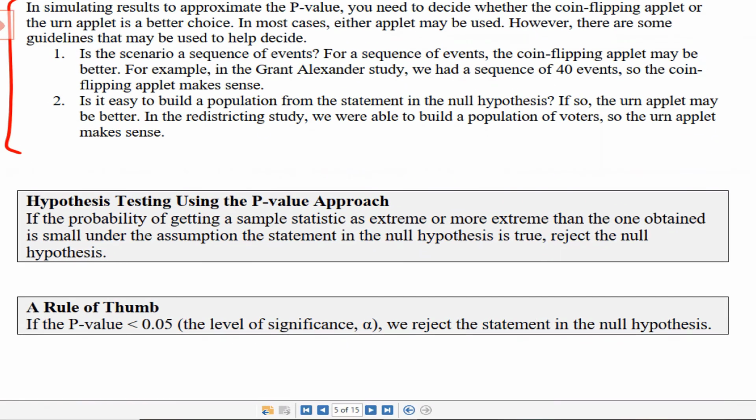This is how we use hypothesis testing using the p-value approach, and then I want to elaborate a little bit more on this. If the probability of getting a sample statistic as extreme or more extreme than that actually observed is small, under the assumption the statement in the null is true, we're going to reject the statement in the null hypothesis.